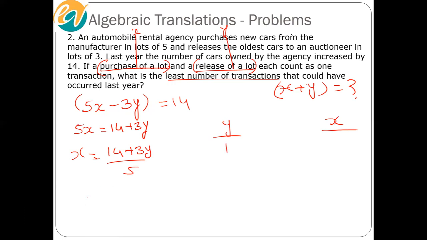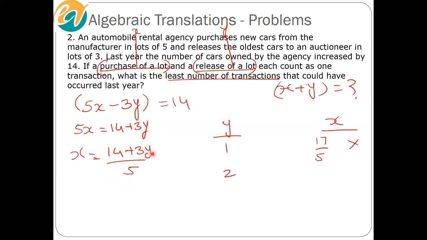Now, what's the value of x that we get? 14 plus 3 by 5, which is 17 by 5. So this is clearly not possible because, as we discussed, we are looking for integer values of x and y. So not possible.